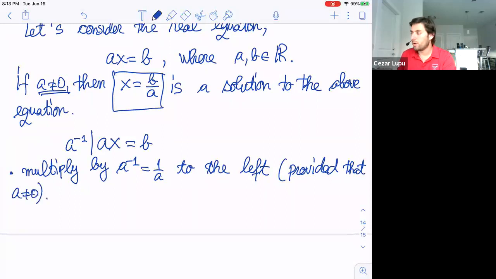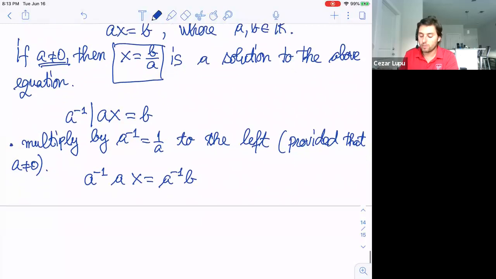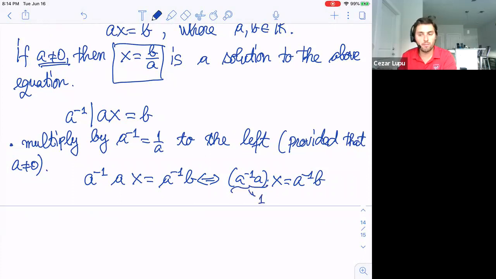All right, so once I have this, I will have A inverse times A times X equals A inverse times B. Now, since the multiplication of numbers is associative, this is equivalent with A inverse times A times X equals A inverse B. Well, this gives me the identity, which is 1.